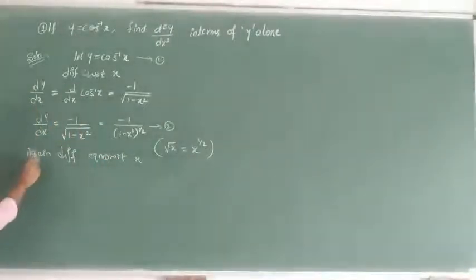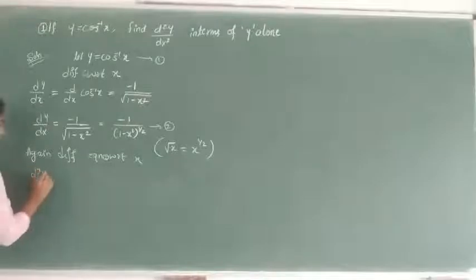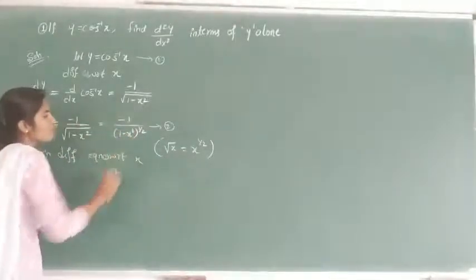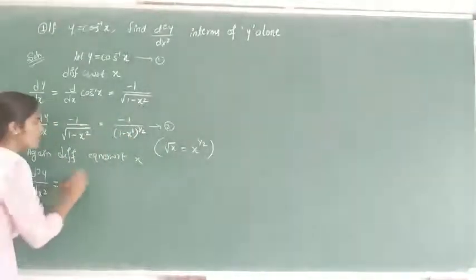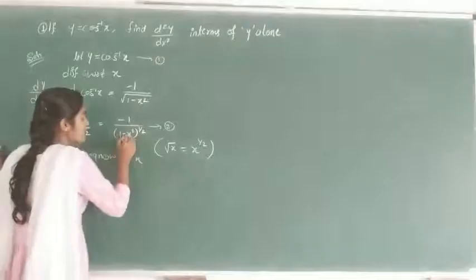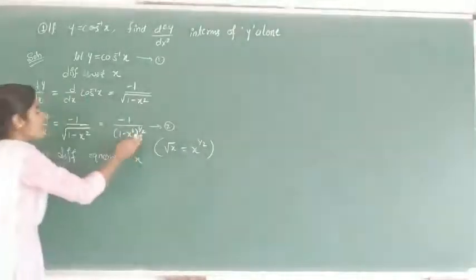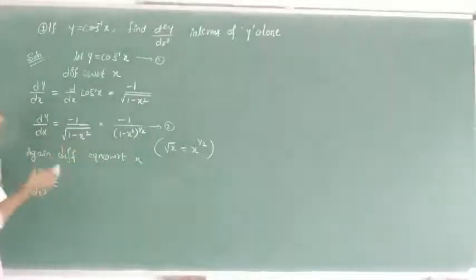It will be d square y by dx square is equal to minus 1 divided by (1 minus x square) whole to the power 1 by 2, that is nothing but square root of 1 minus x square.